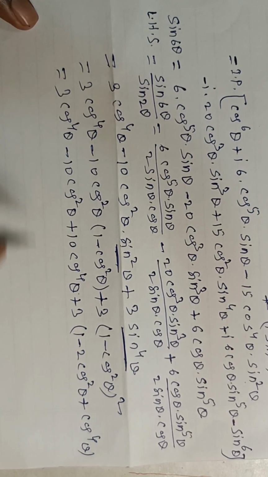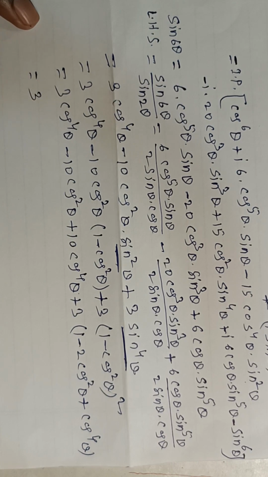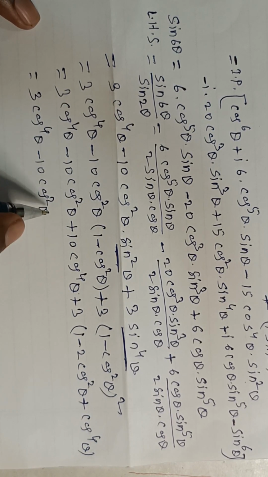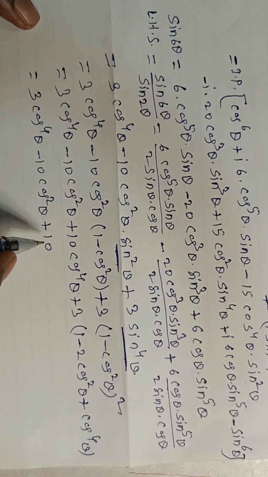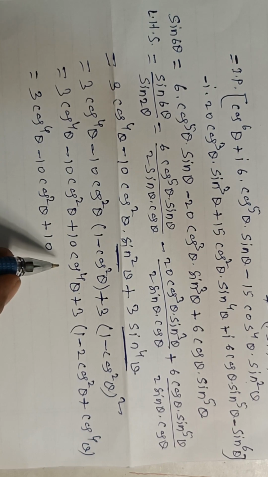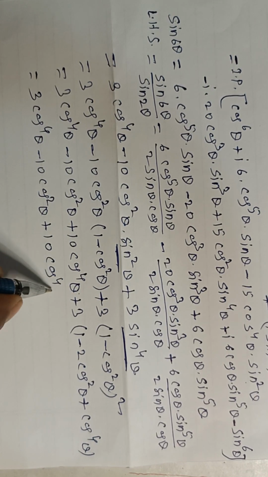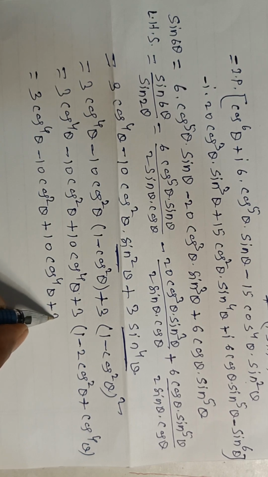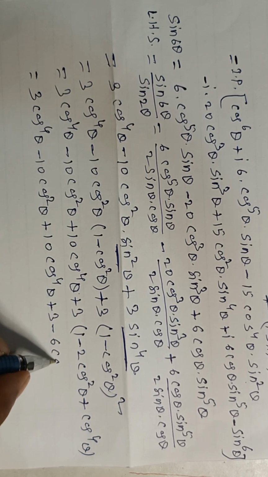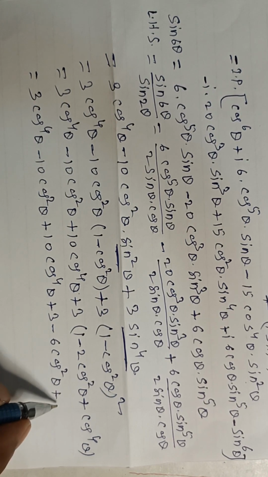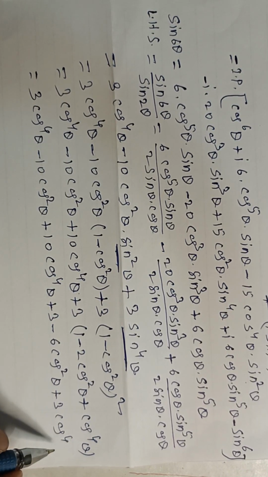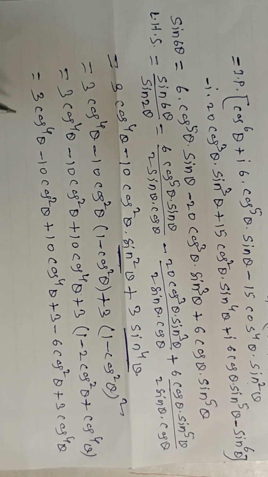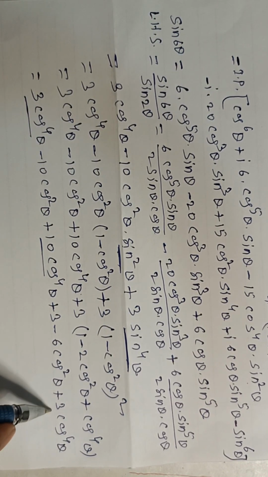Again taking multiplication, this is equal to 3 times fourth power of cos theta, minus 10 times cos square theta, plus 10 times fourth power of cos theta, plus 3 into 1, 3, minus 3 into 2, 6 times cos square theta, plus 3 times fourth power of cos theta.